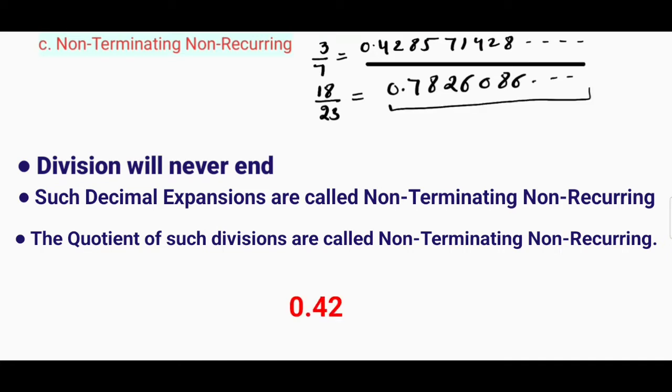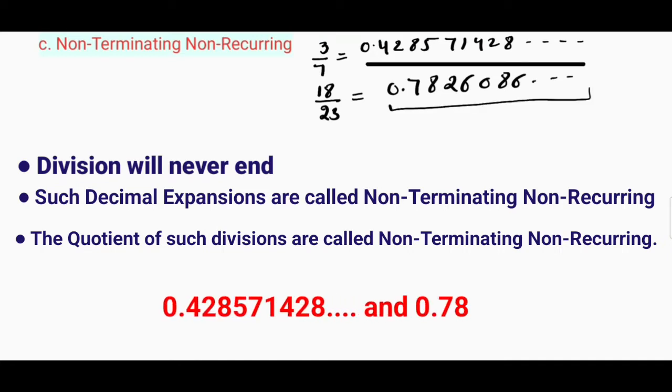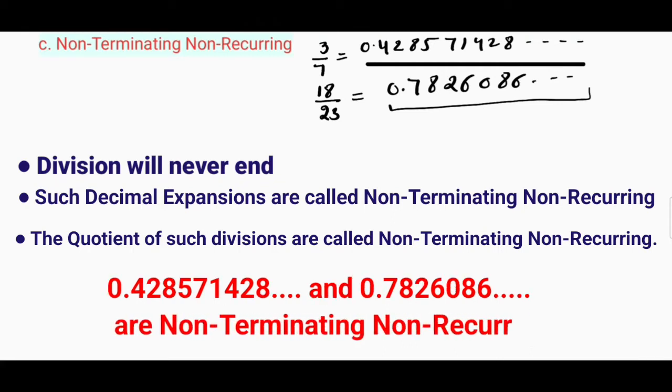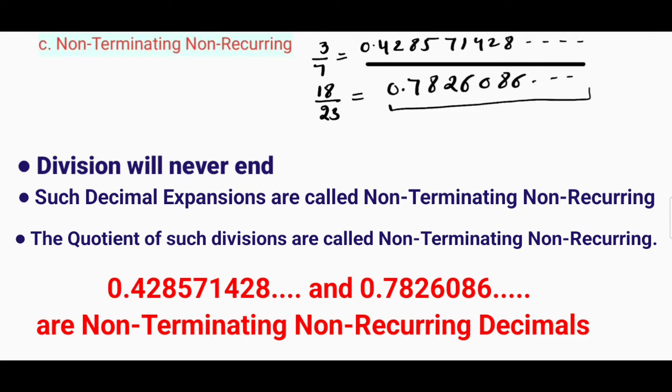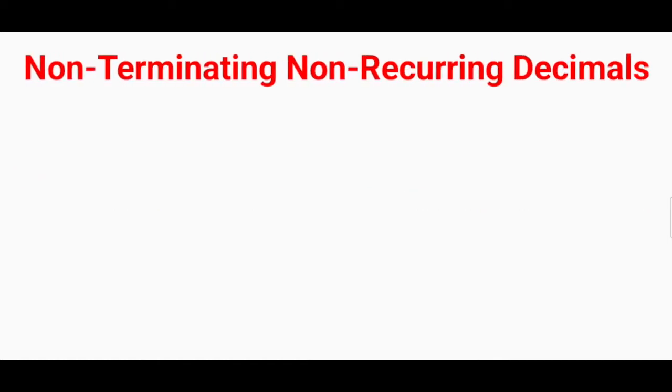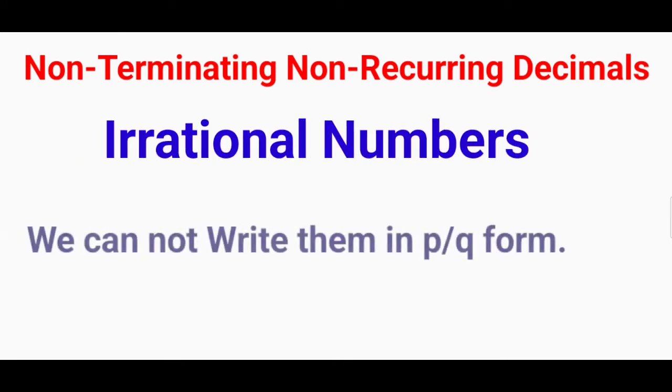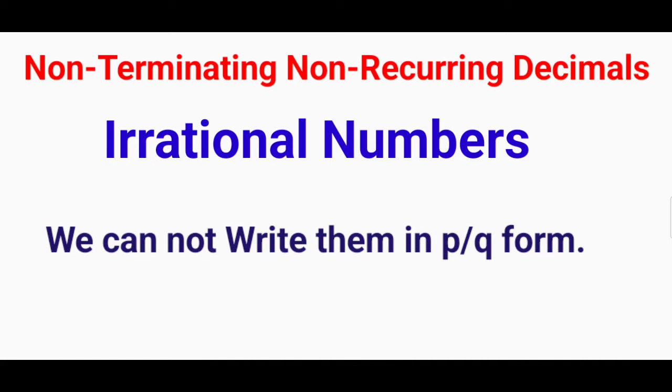So 0.42857142 and so on, and 0.782686 and so on, are non-terminating, non-recurring decimals. These non-terminating, non-recurring decimals are irrational numbers and we cannot write them in P upon Q form.